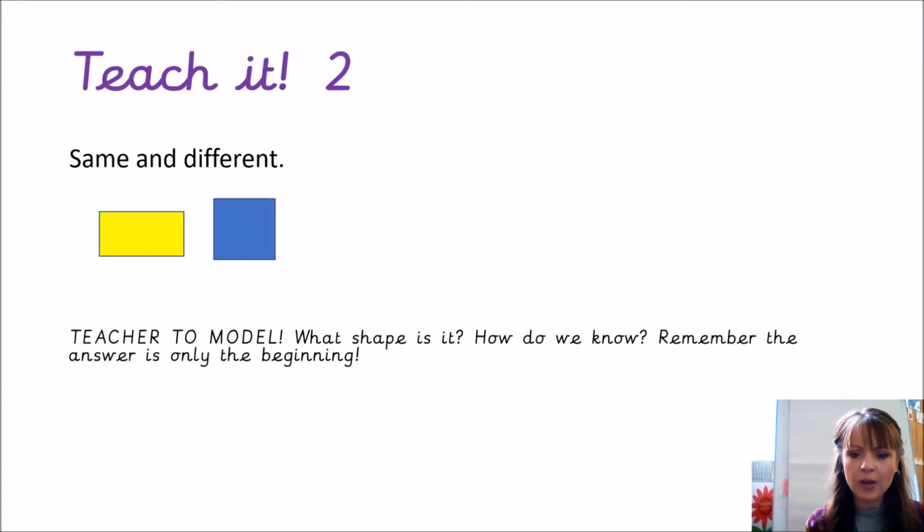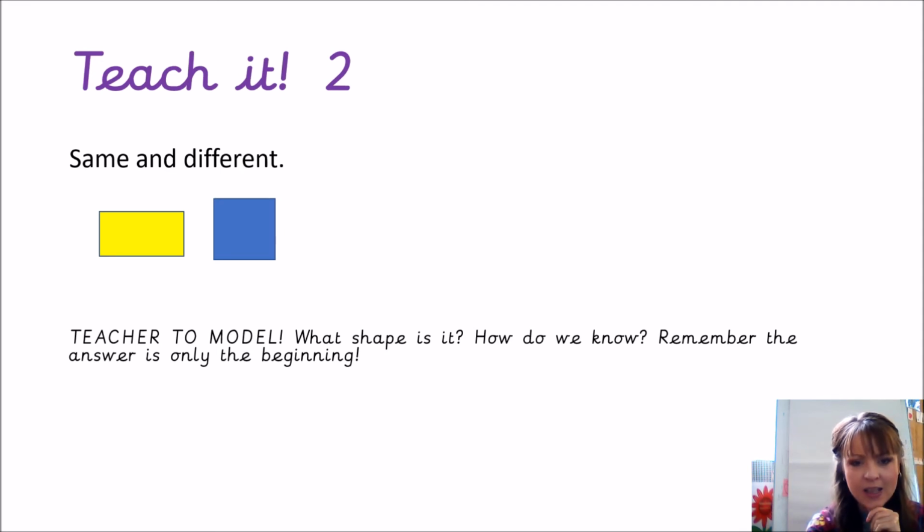The oblong has got 2 long sides and 2 short sides, but the square has got 1, 2, 3, 4 equal sides. There's something else different about these two shapes. One's an oblong, one's a square, and they're also different colour. But they are the same because they are both 2D shapes.